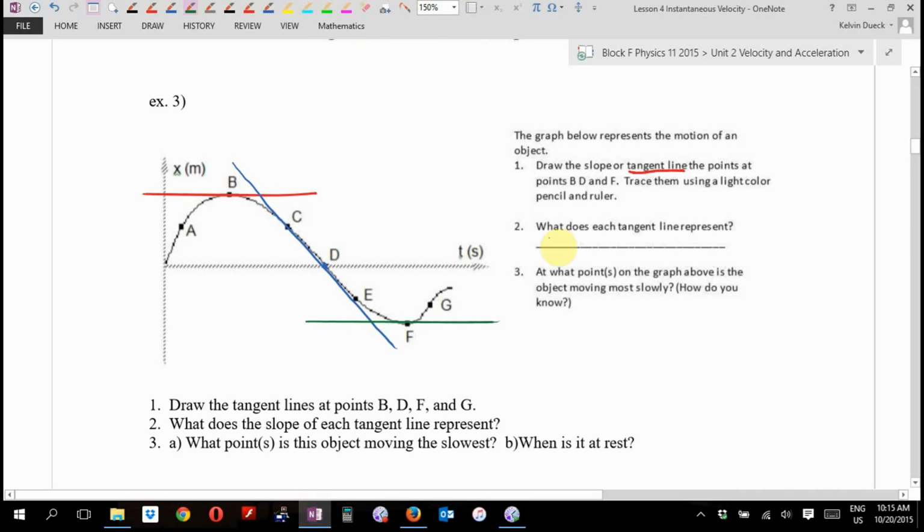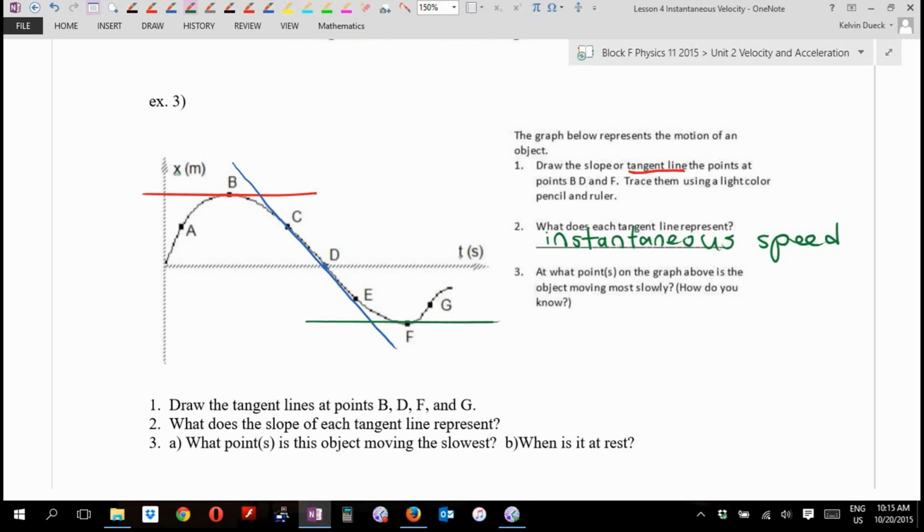It represents what we call the instantaneous speed or velocity. Instead of the average, it's telling us right at that moment, that's how fast you were traveling right then. Instant, and then A-N-E-O-U-S, instantaneous speed.